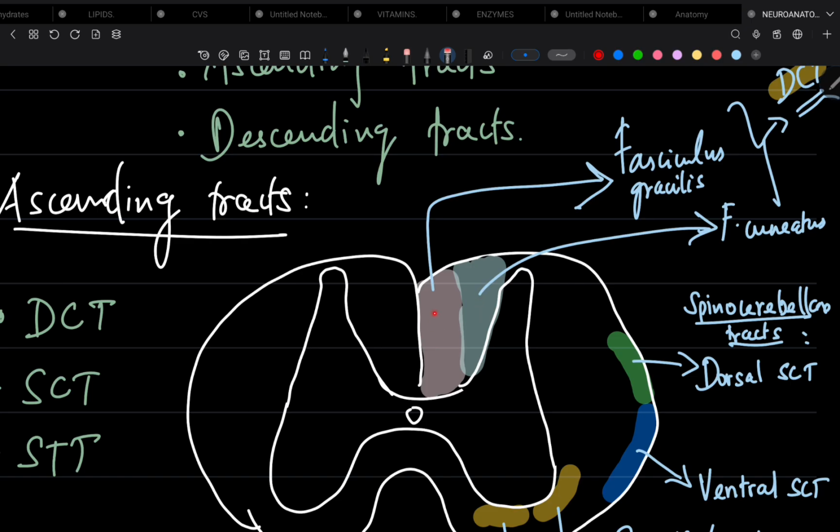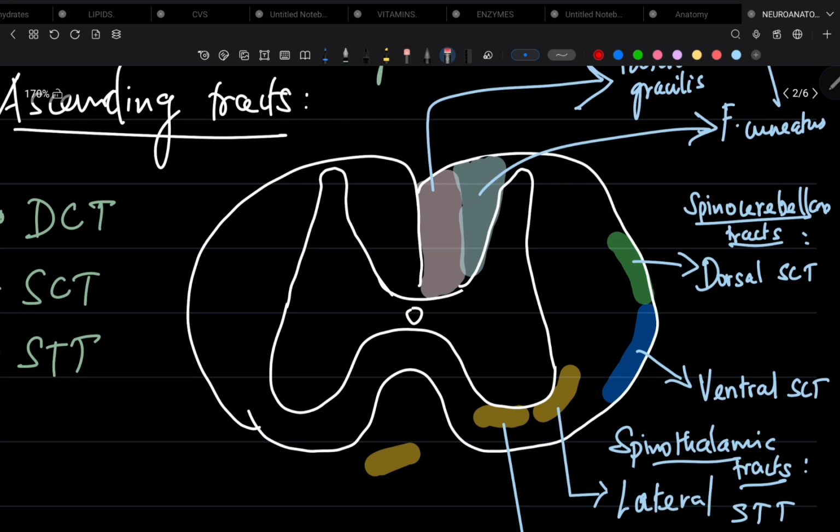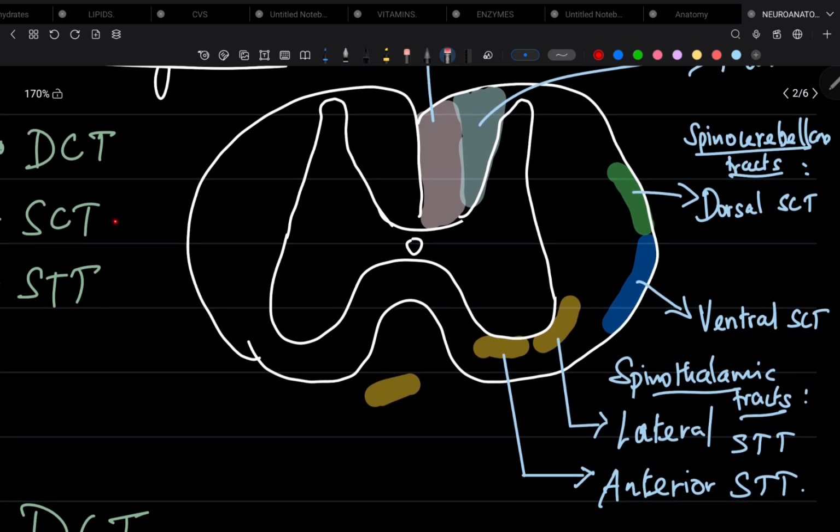The medial part of the dorsal column tract is called fasciculus gracilis, and the lateral part is called fasciculus cuneatus. These two join to make the dorsal column tract. The next one is SCT, the spinocerebellar tract, represented here in the spinal cord.